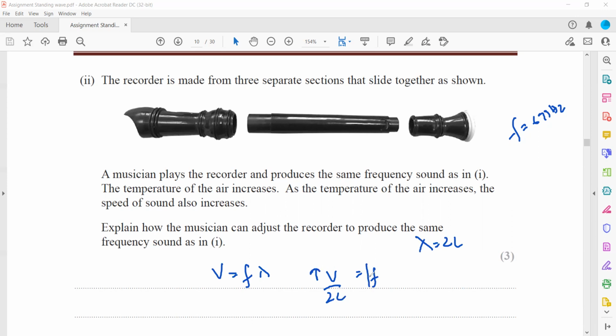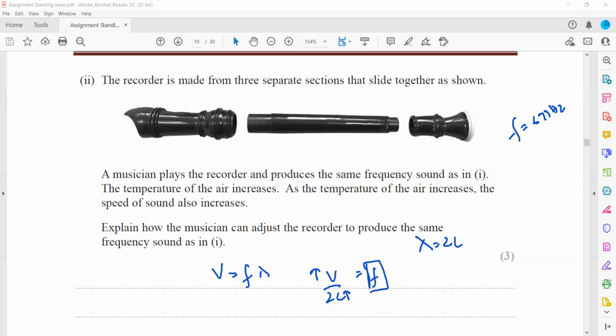We want the same answer for frequency; we don't want the frequency to change. The 2 cannot be changed, so what we should do is increase the length of this recorder. As the speed is increasing, the length should also increase, so the ratio between the speed and the length gives the frequency.